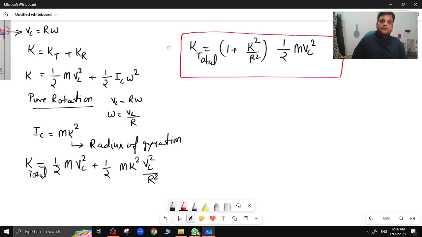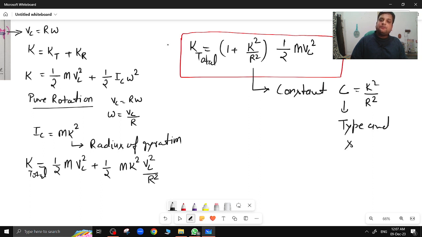So this k square by R square is a constant. This is the constant that is given by C. So C is k square by R square. As you can see, this depends on the type and shape of the body, right?